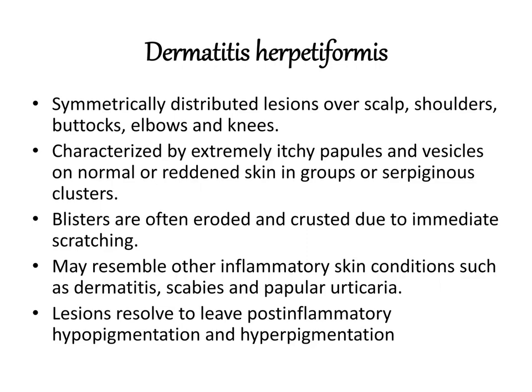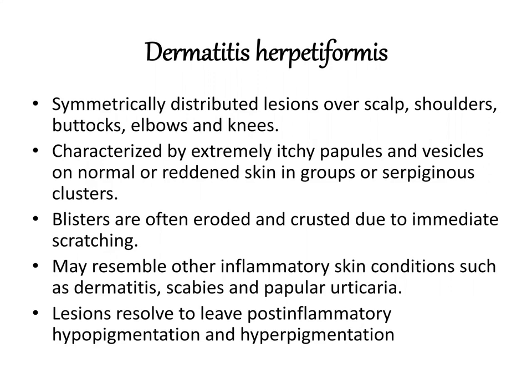Generally symmetrically distributed over the scalp and also the extensor areas. So this is mainly the extensor areas. They are again extremely itchy, papules and vesicles over normal or red skin, and tiny groups of blisters will be seen.